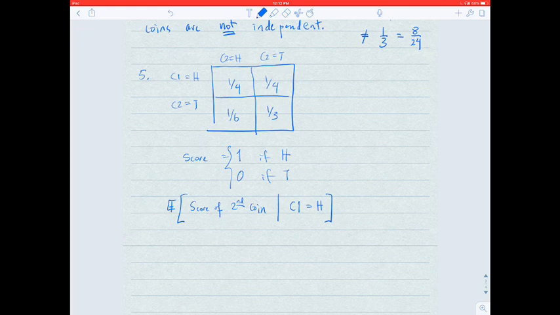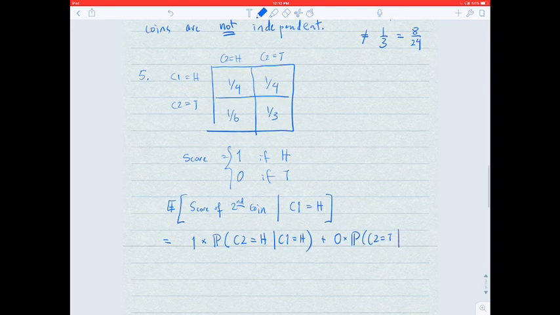So this is basically asking, so this is equal to, the score is equal to 1 if the second coin comes up heads. So this is equal to 1 times the probability that coin 2 is equal to heads conditioned on coin 1 being equal to heads. And the score is 0 if the second coin comes up tails.